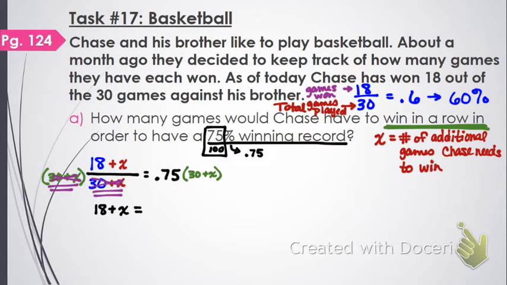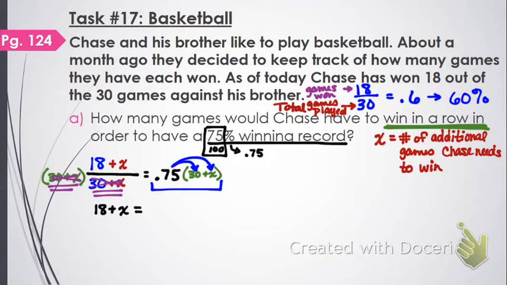Tanisha, what's something I can do on the right side of the equation over here? What can I do so that I don't have to deal with parentheses anymore? Distribute. What operation am I using when I distribute? Multiplication. So let's take that 0.75 and multiply it by each piece there.